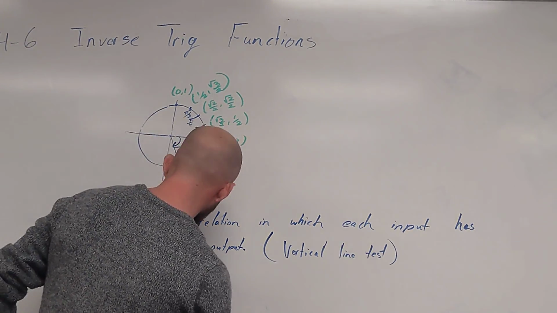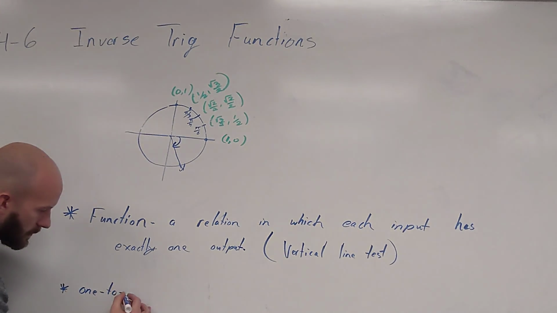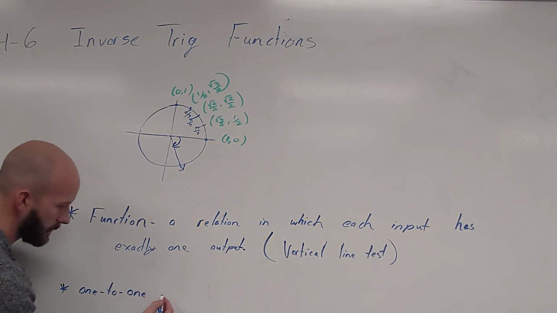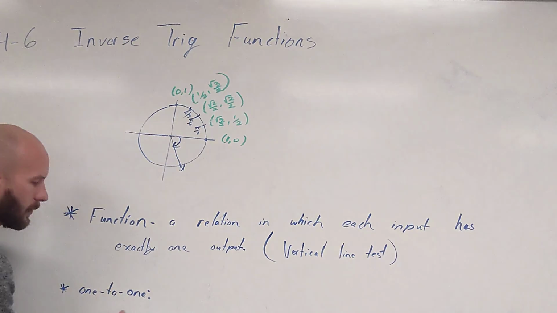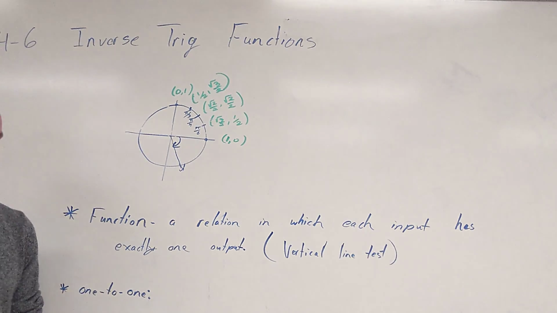So the next thing that we need to talk about is when a function is what we call one-to-one. Okay. So one-to-one is kind of a characteristic that we can ascribe to a function if it is a function and its inverse is also a function.